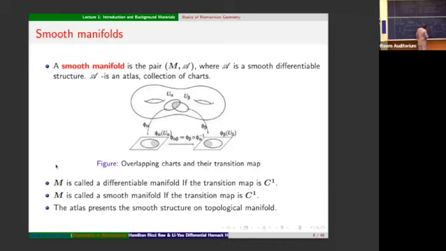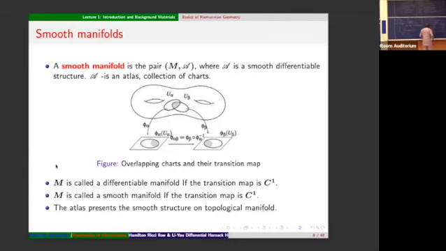From here, we want to move here now. This map, phi xy, is the composition of this and the inverse of this. You move from here, you come here. So this is the inverse of phi x.